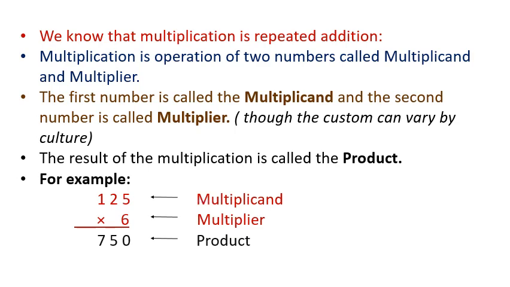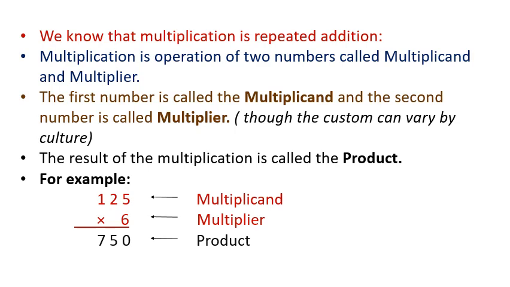Now multiplication is basically the operation of two numbers called multiplicand and multiplier. Now the first number out of these two numbers is called the multiplicand and the second number is called multiplier. Though the custom can vary by culture.